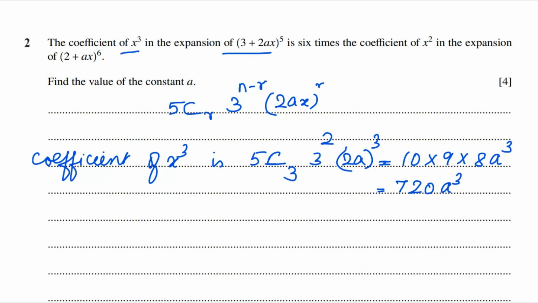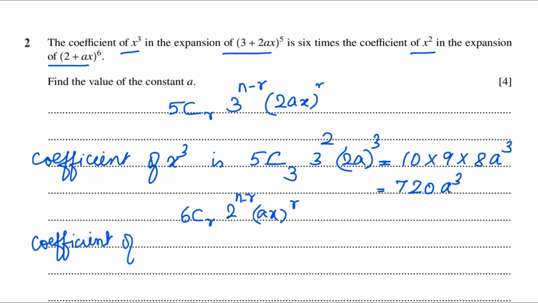So next, find the coefficient of x squared in the expansion of (2 + ax)^6. What's the rth term for that? 6Cr 2^(n-r) (ax)^r. To find the coefficient of x squared, let's take the r value as 2.